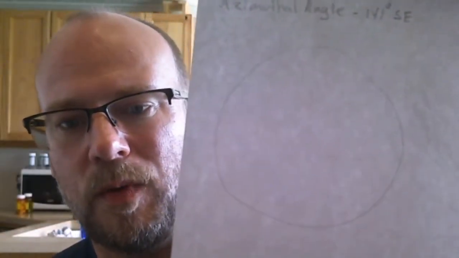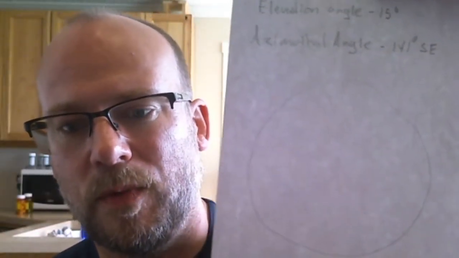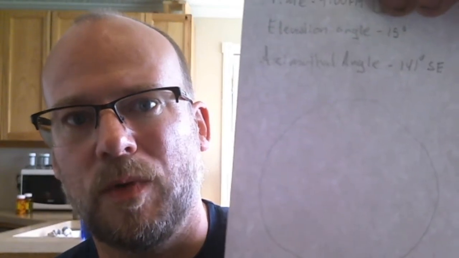Alright, so the next part: we've got our angle of elevation, we have our azimuthal angle. Now what we need is what the moon looks like. I'm going to sketch out what the moon looks like. When I sketch it, let's say it's a crescent, I want to capture the angle of that crescent moon.